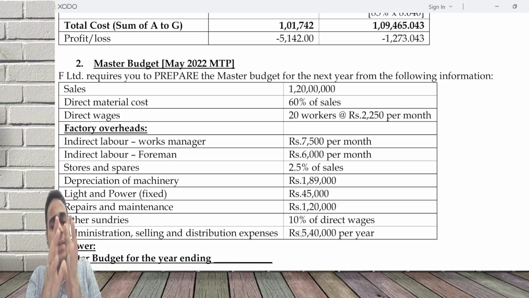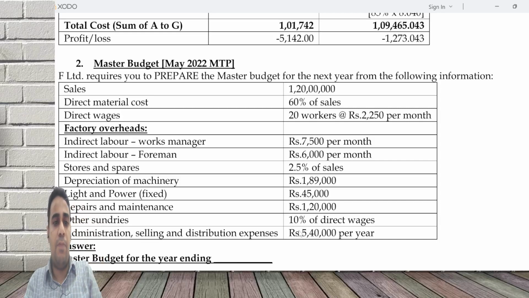Master budget is nothing but a budget for the entire company. You can prepare a department-wise budget, or you can prepare a budget for the entire company. Now, we can prepare this budget, which will give us the profit or loss for the year. We are going to prepare it in the cost sheet format only, because cost sheet is going to cover everything.